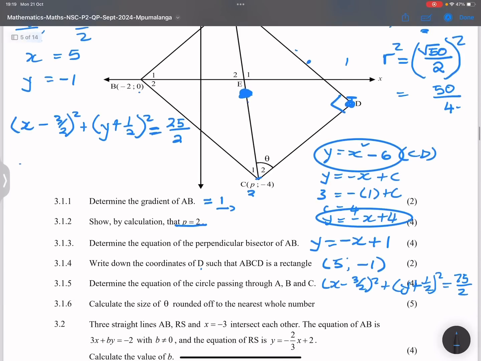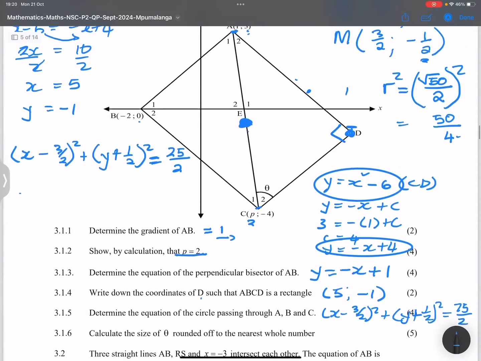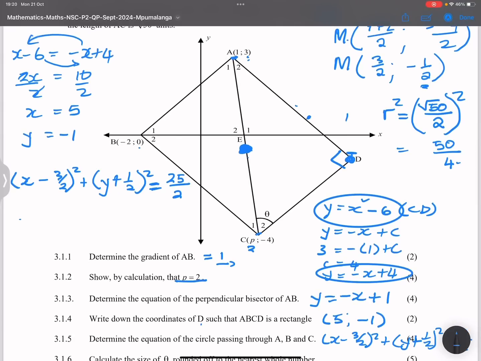Right, now they say determine the size of theta rounded off to the nearest whole number. Okay, so we want to find out what the size of that angle is. So what I'm going to do, ladies and gents, this angle over here, angle theta, right?